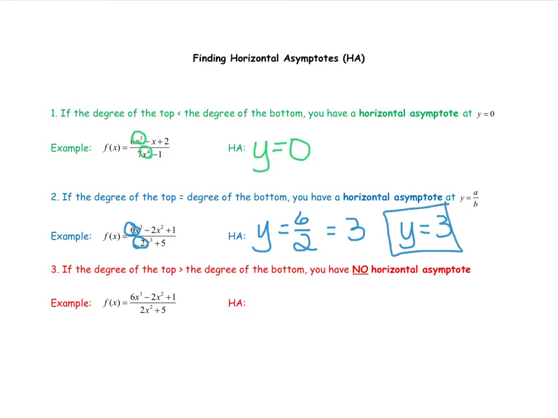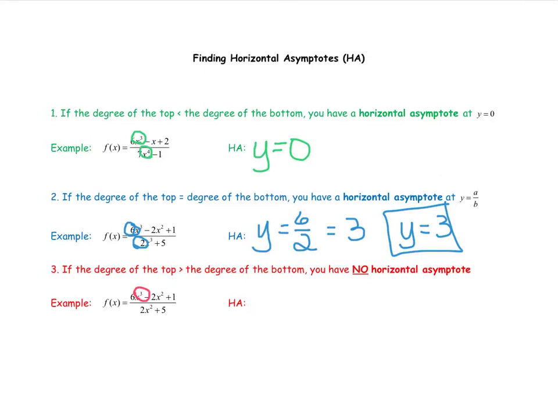Now let's look at the red example. If the degree of the top polynomial is greater than the degree of the bottom polynomial, then you have no horizontal asymptote at all. So let's look at our degrees here. If I look at the first term, 6x to the third, well, that exponent of 3 is my largest, so that is a polynomial to the third degree.